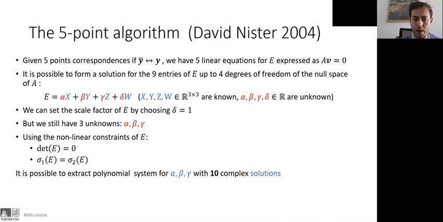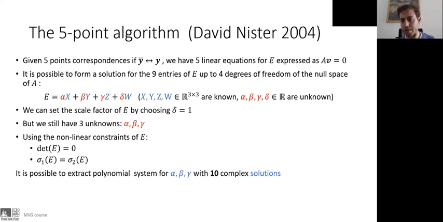And from the 2 identical singular values, you get the other 2 degrees of freedom. But it's not just 2 equations. You actually get 10 equations from this that are dependent. And then you use them to extract the 10 complex solutions from this system.